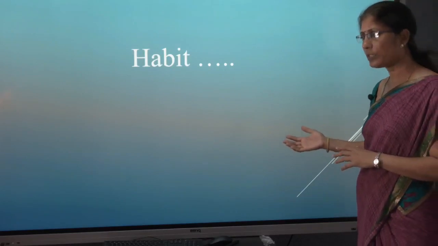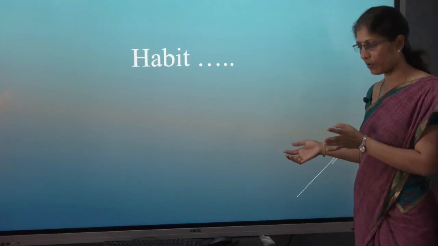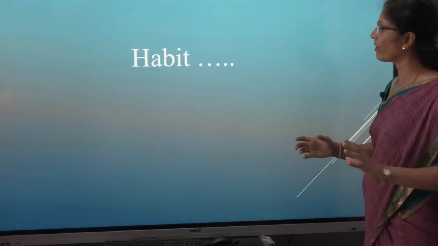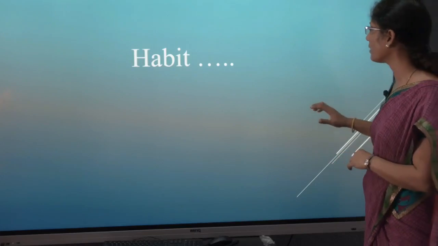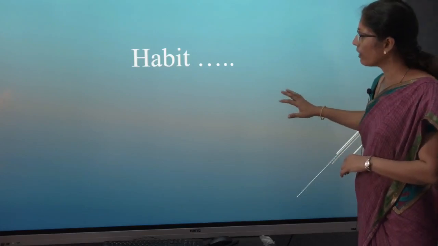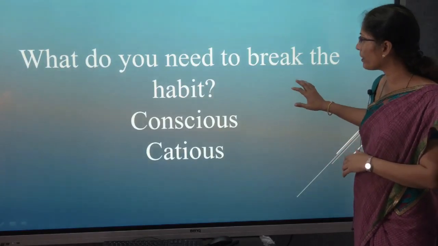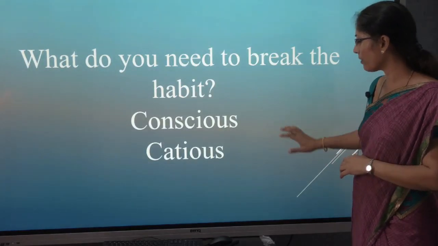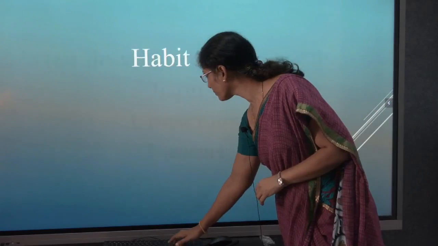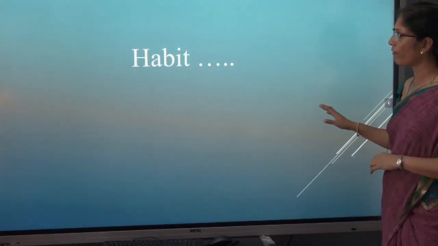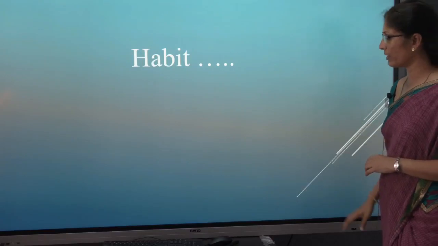Then habit is very difficult to destroy, because it imbibes in every part of our body, let us say. So now how can we come out of the habit of making the mistake?